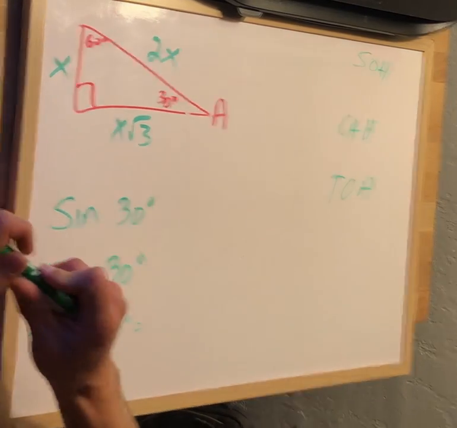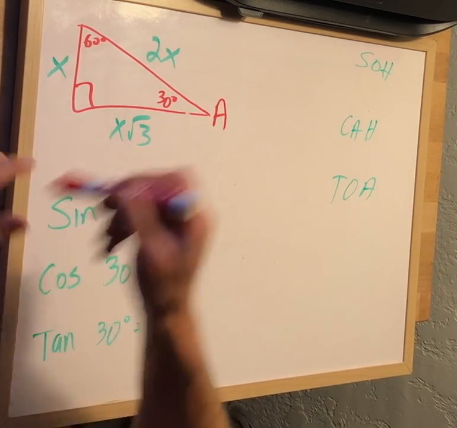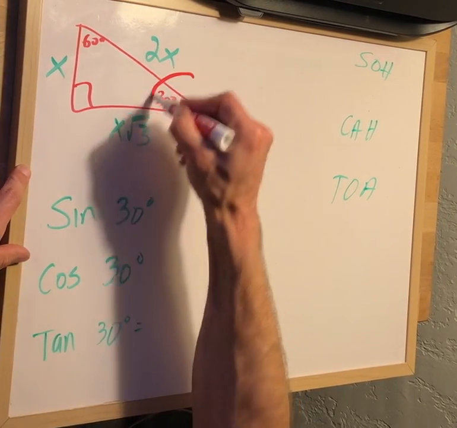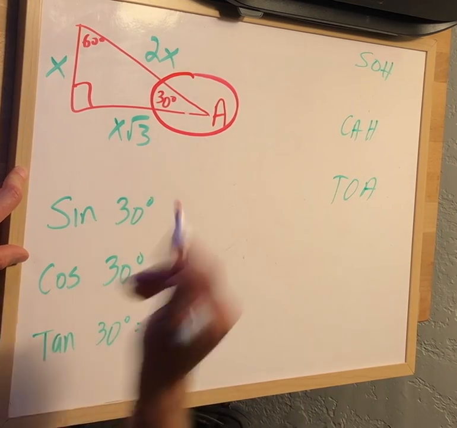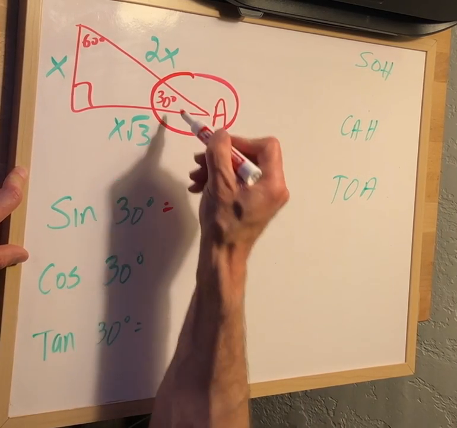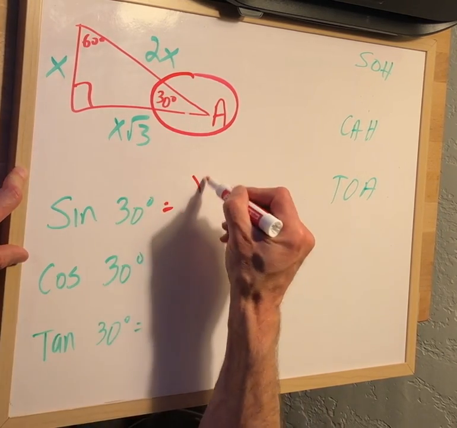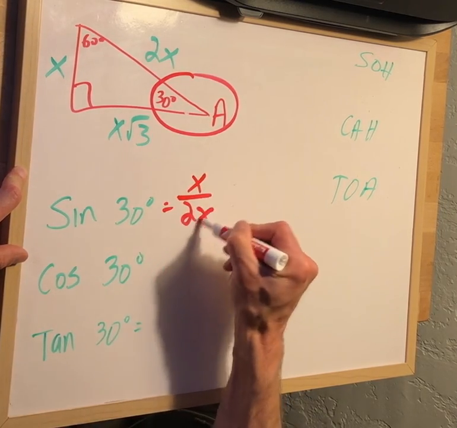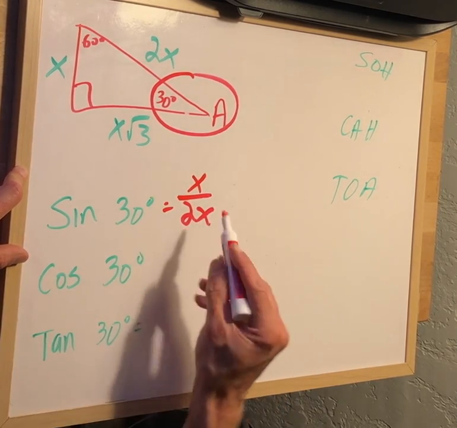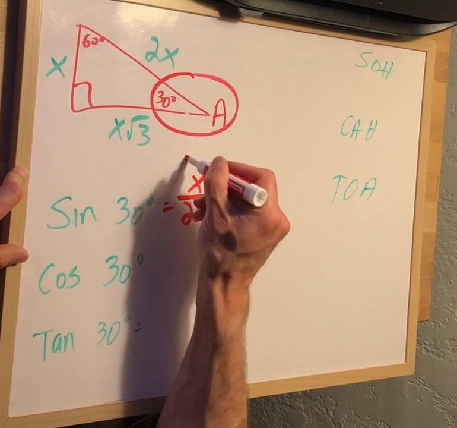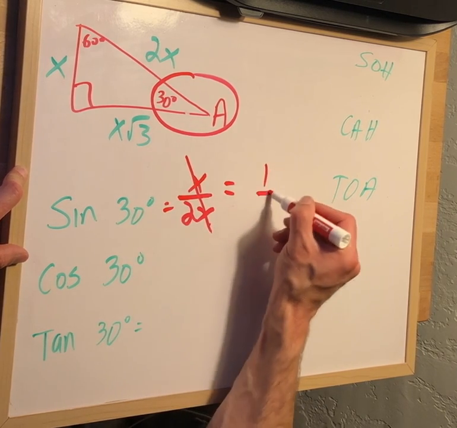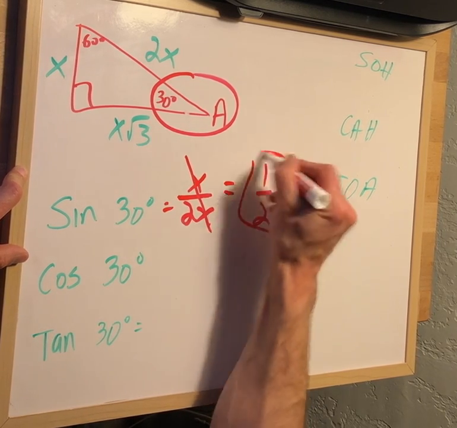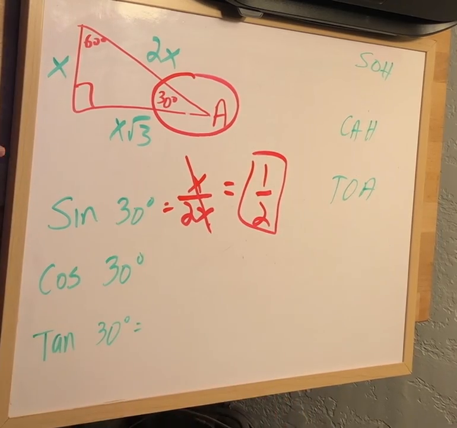Sine of 30 degrees. All right, so from this 30 degrees, this is what we're going off of right here. Sine of 30 degrees is opposite over hypotenuse. And remember, I told you, you always reduce. x over 2x reduces to 1 over 2. Okay, this is going to be important in a second.